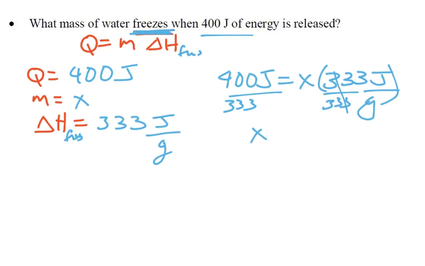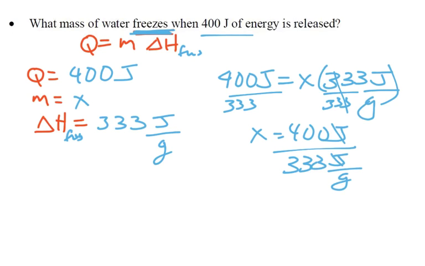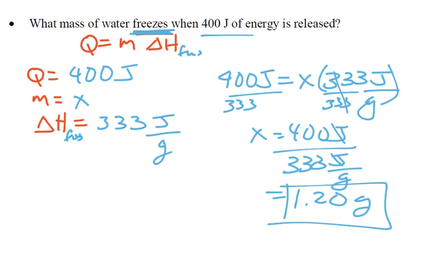So my answer is going to be 400 joules divided by 333 joules per gram. I'm going to end up with grams on top. And the number will be 1.20 grams. So I get 1.2 grams. That's how much water would freeze when 400 joules of energy is released.